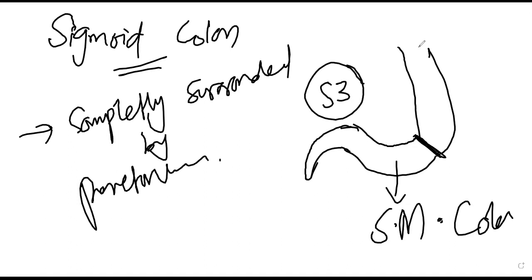And the sigmoid colon is mobile up to a certain extent, meaning it can move to some extent, and it hangs down into the pelvic cavity in the form of a loop.